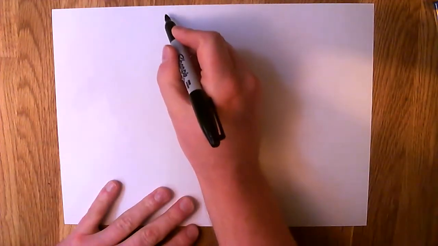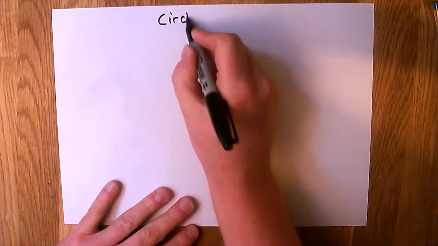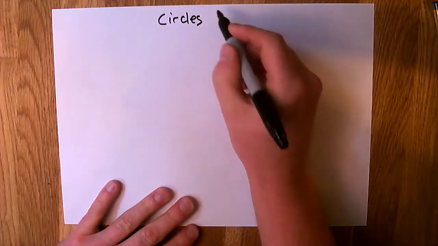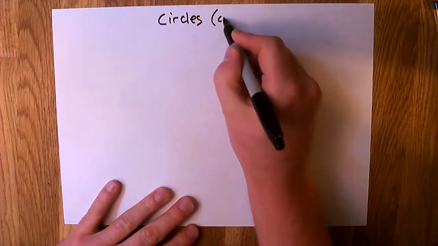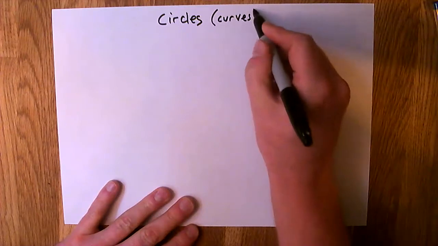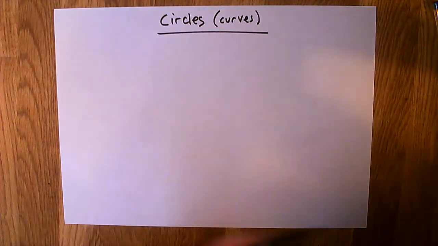Right, in this video, in our design sketching series, we're going to talk about circles. And by extension, that probably means we're going to be talking about curves as well.